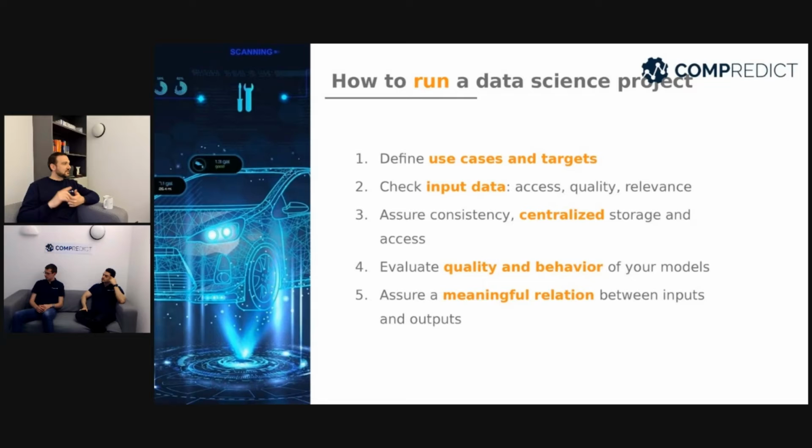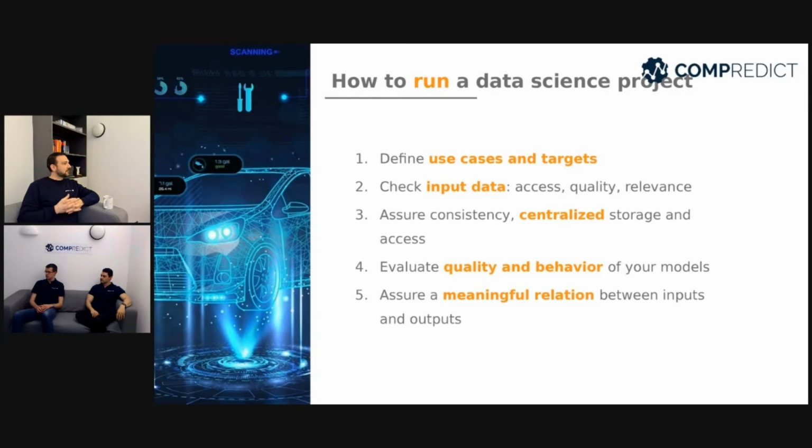So meaning what is available, what I am capable of gathering, access to the data, what is the availability of the data, what is the relevance of the data for my business goal. Third, to ensure consistency and centralization of storage and of access to the data, because this is important if you have a data science team, to be able to share the data with them so that they can access it easily as well.